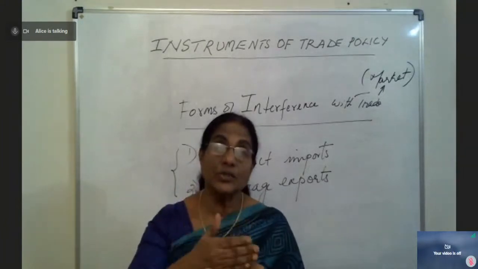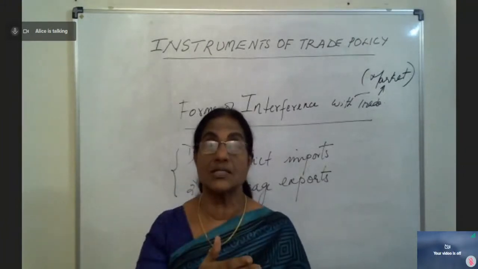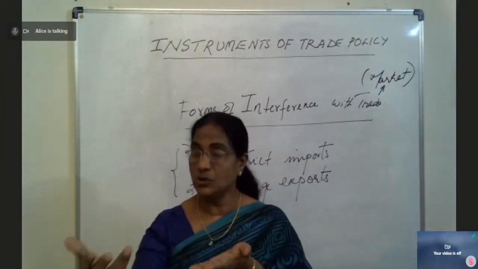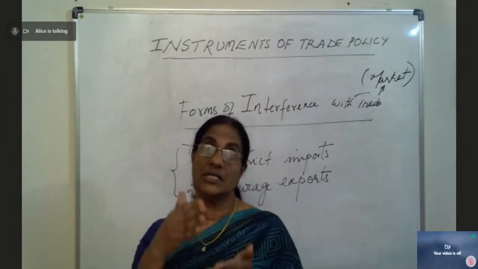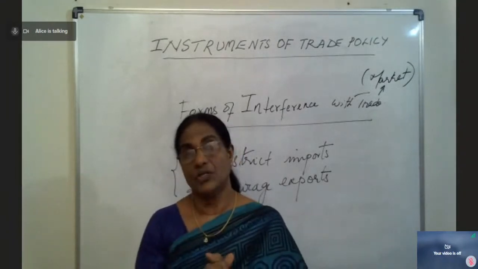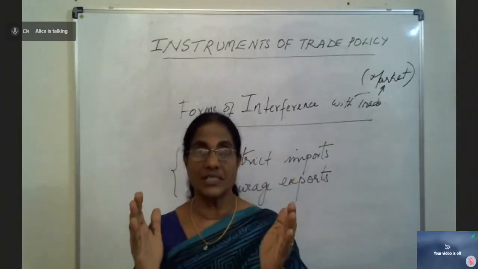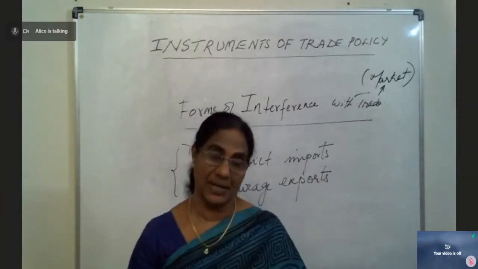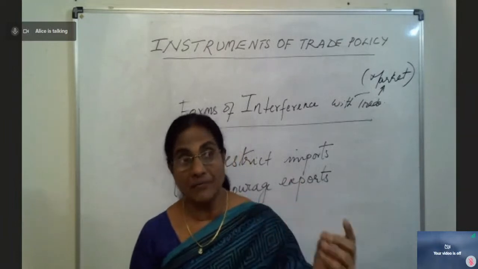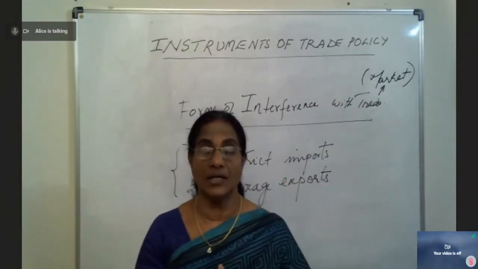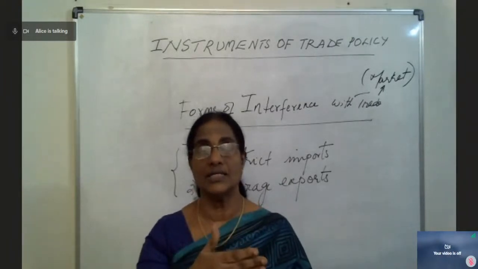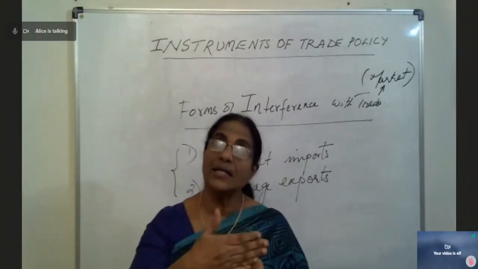Countries are trying to restrict the access. They are trying to build barriers, not to allow the goods of other countries, even if they are cheap. So, the economic rationale is buy from a place where it is cheaply available. Even if it is cheaply available in another country, most of the countries are erecting barriers.